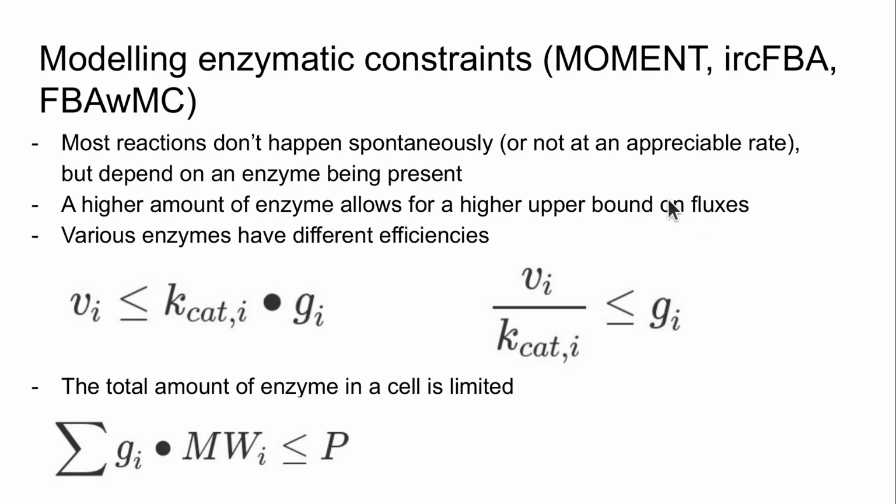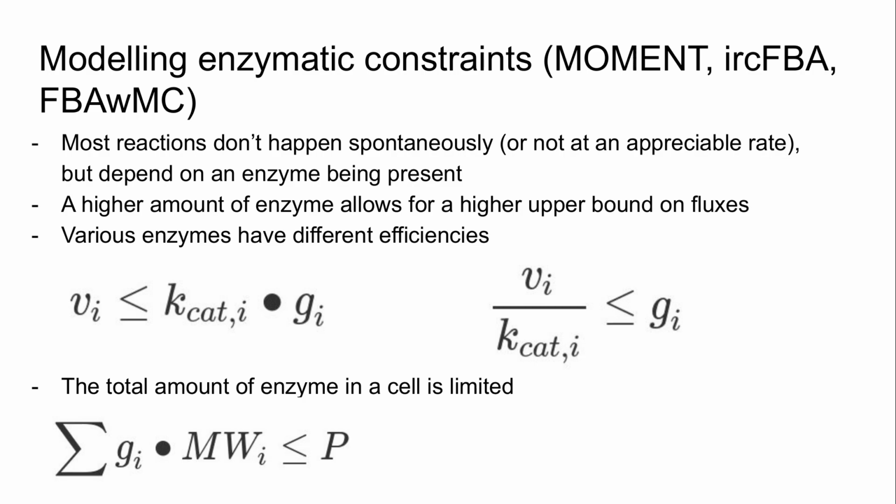So how can we use this? Well, let's talk about enzymatic constraints. In a cell, most reactions will not happen spontaneously, at least not at a biologically useful rate. They depend on some enzyme being present.